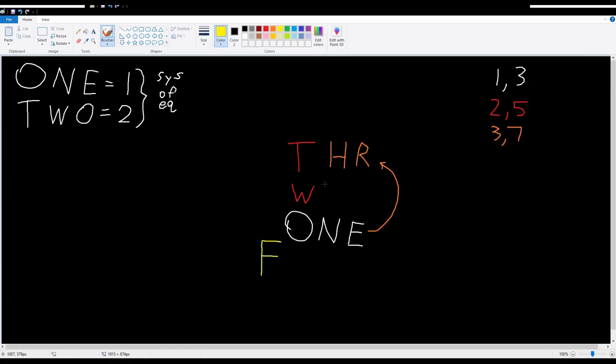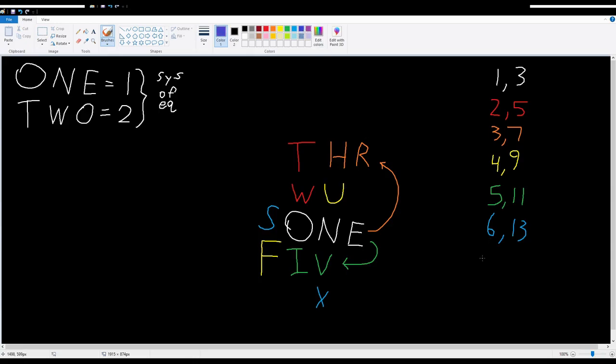And then we have 4, which adds the F and the U, so that's 9 letters. And 5 adds 2 more, giving us 11. 6 adds 2 more, 13. You'll notice none of these so far have got the same number of equations as unknown, so we have to keep going.